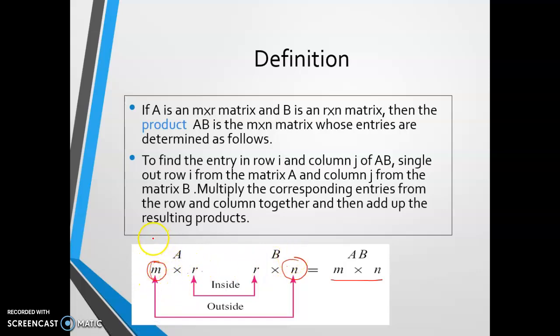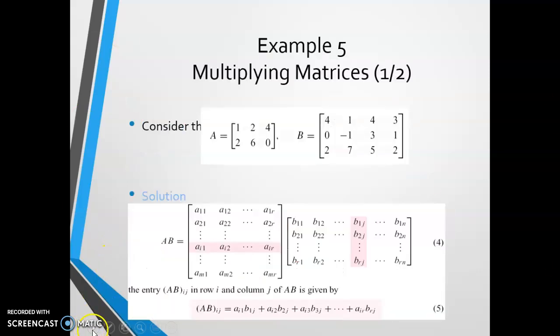Okay, let's say A has 3 times 3, and here 3 times 3. So the final matrix system is 3 times 3. Another example, 3 times 2, and then this one 2 times 3, so the final is 3 times 3. Faham? We go and check from the equation.